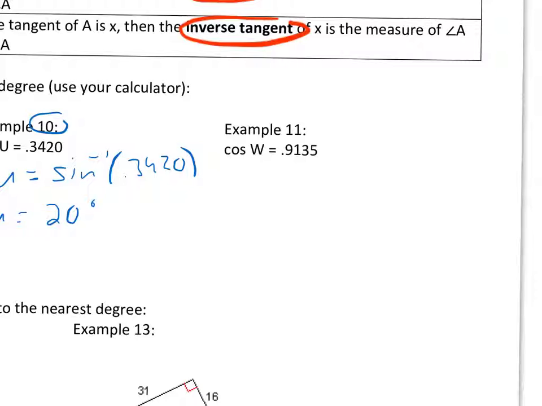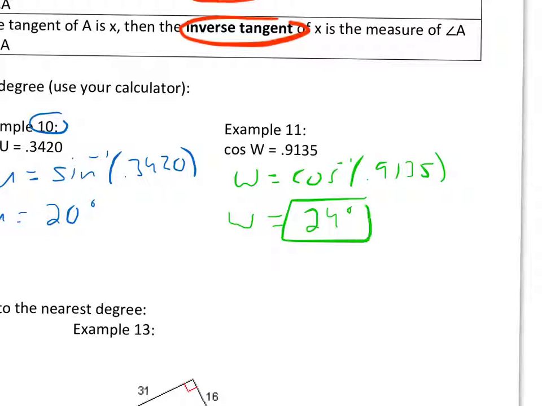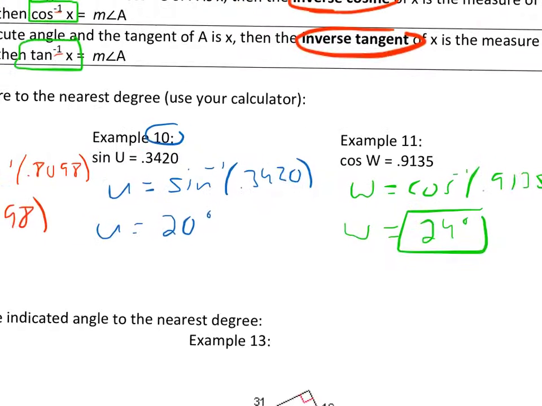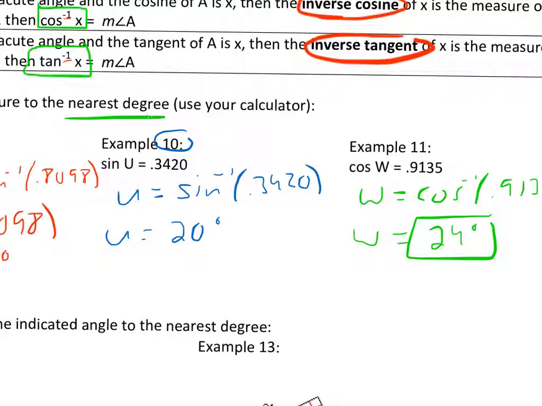Next one, same scenario. W will equal cosine inverse of 0.9135. So W equals approximately 24 degrees. And they asked us, I didn't read this in the directions, to round to the nearest degree.